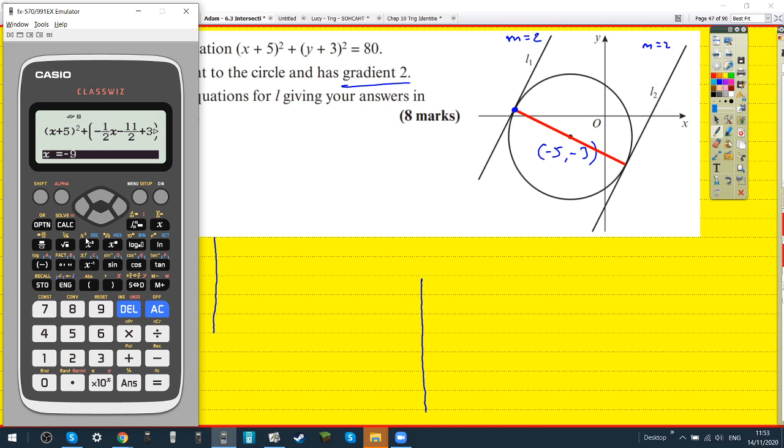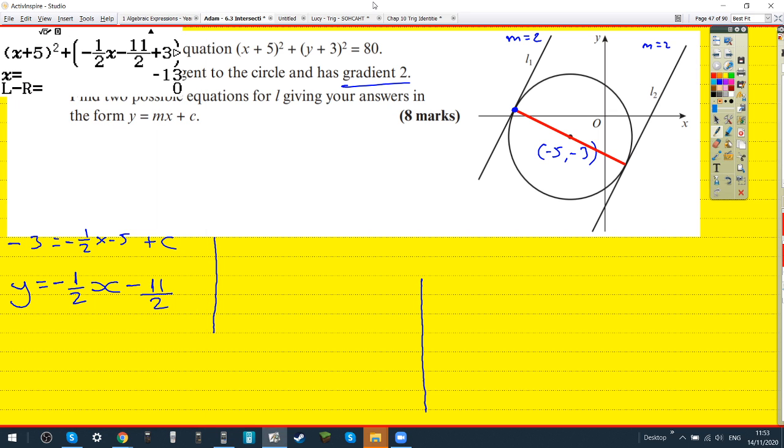Shift solve. So we get x is 3. Shift solve, and x is -13. Okay. Continue.